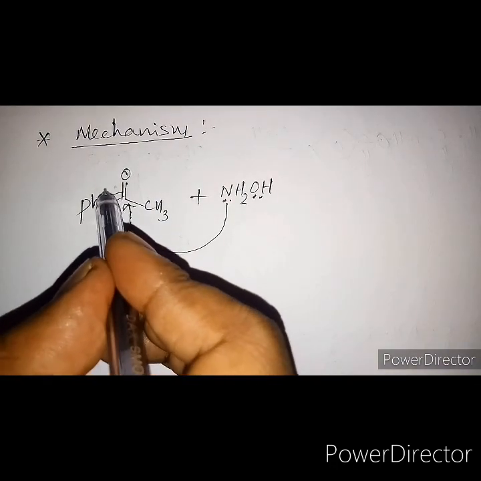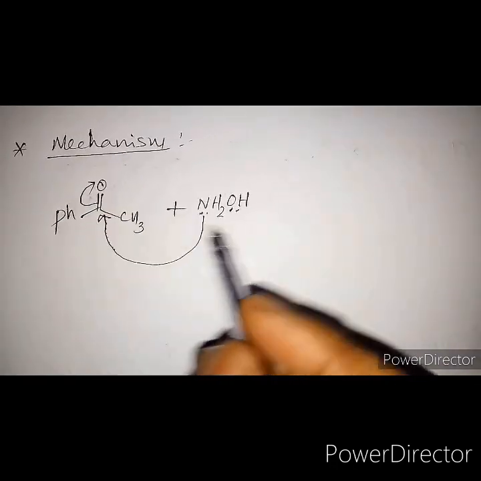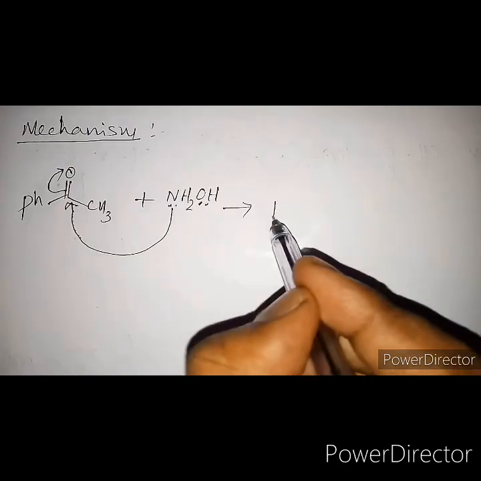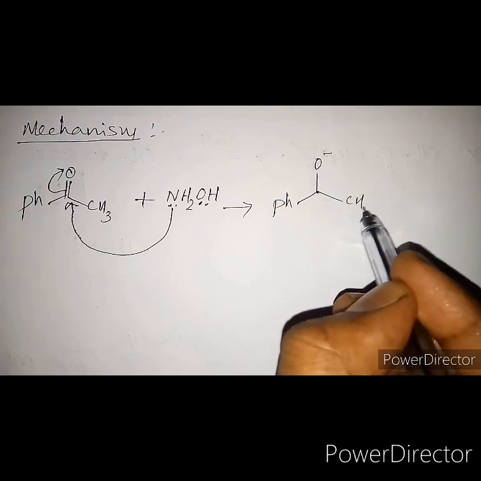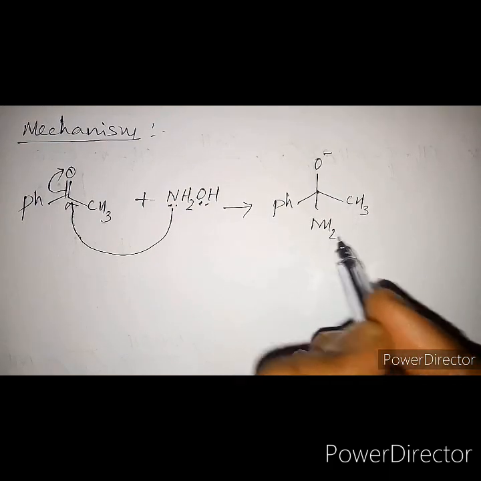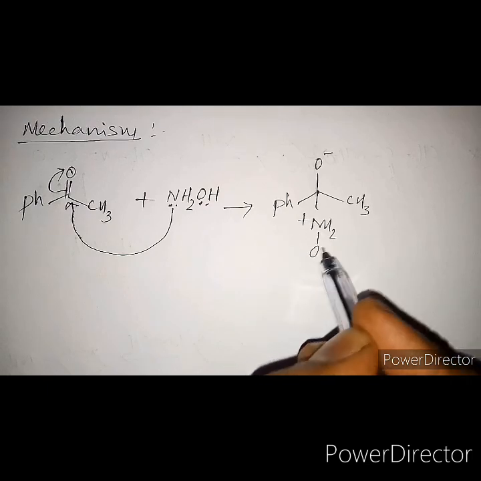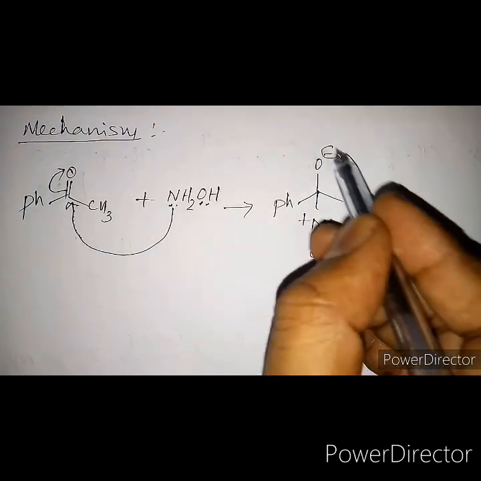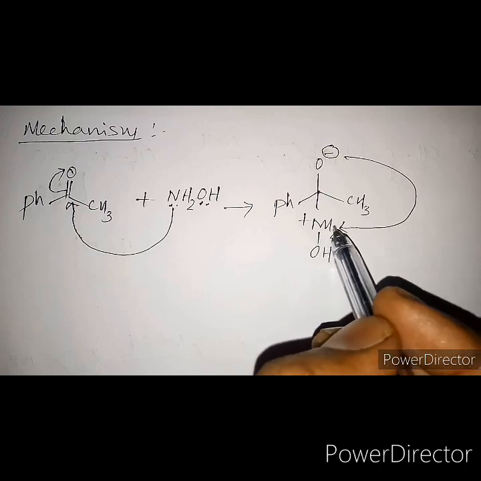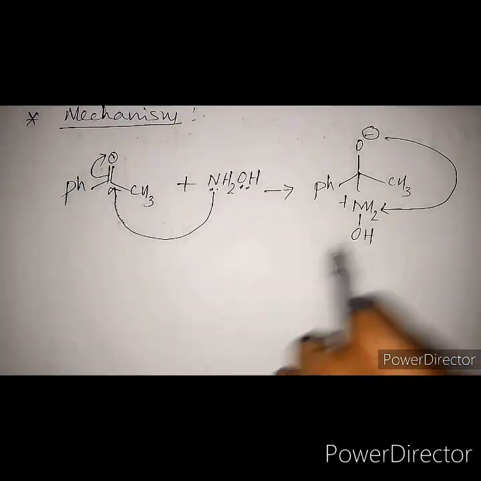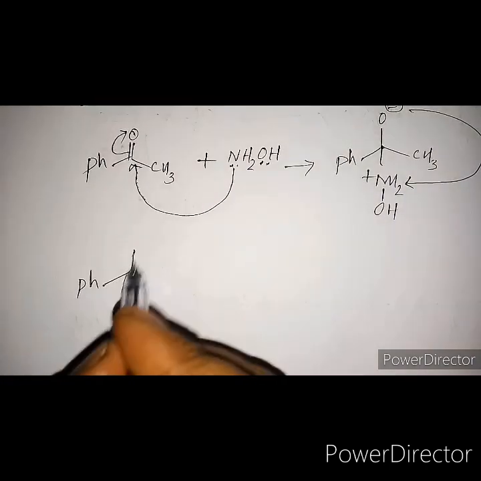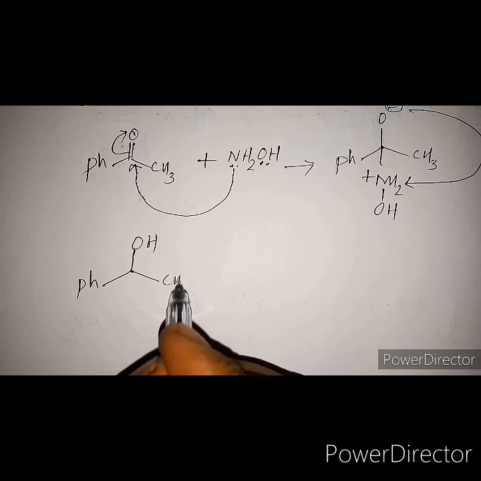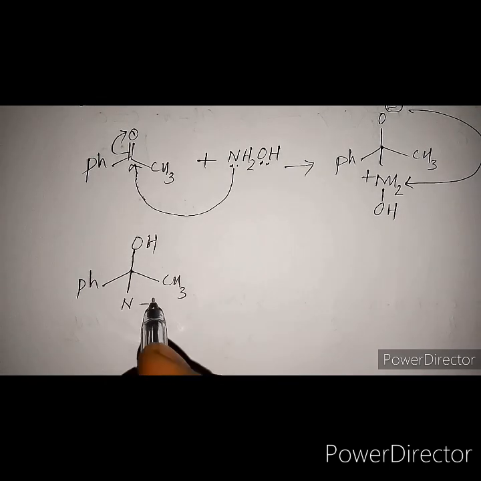Once it attacks the carbonyl group, the electrons will be polarized onto the oxygen. So we'll get Ph C O minus CH3, NH2 plus OH. Now this minus will abstract a proton from the NH2 plus to neutralize the positive charge, and we'll get Ph C OH CH3 NH OH.